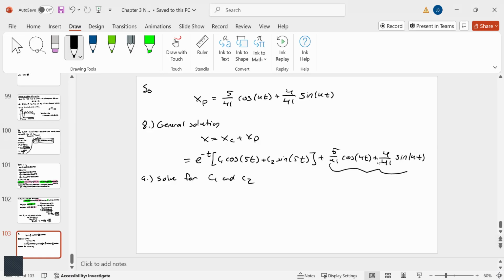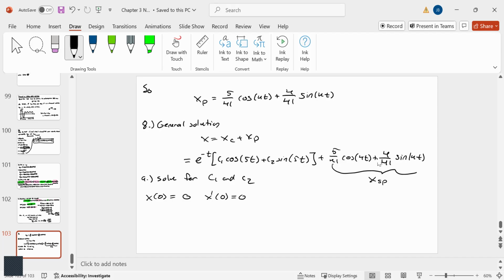So note that this is xsp, right? The steady periodic. And then now we just solve for our c1 and c2 so that we can find the transient. So solving for c1 and c2, we're going to use x of 0 equals 0, x prime of 0 equals 0.